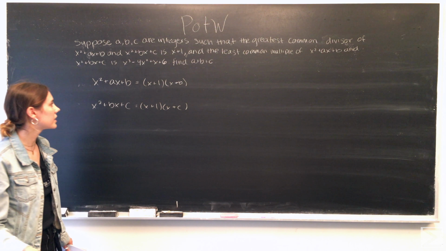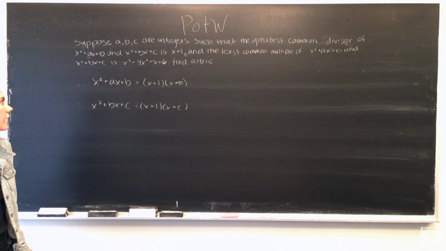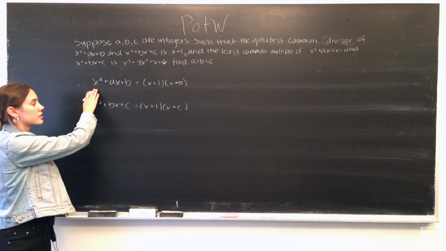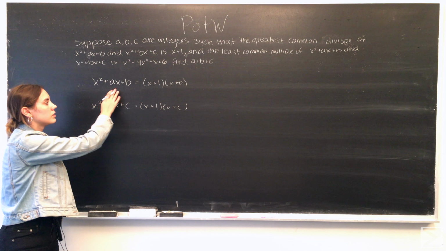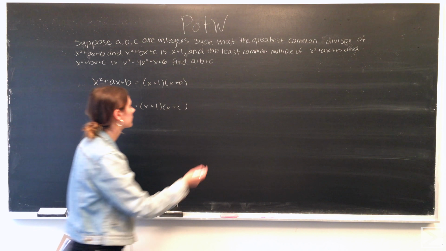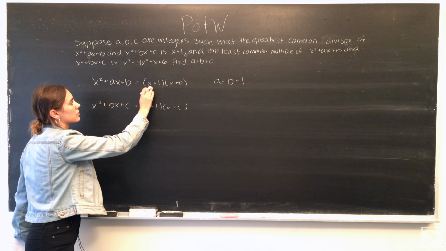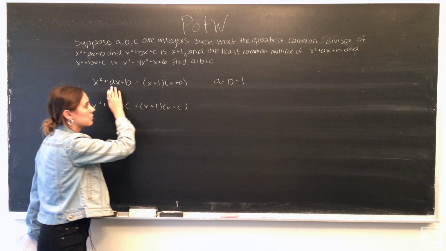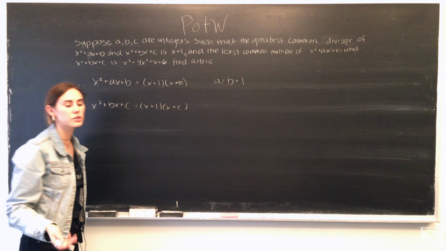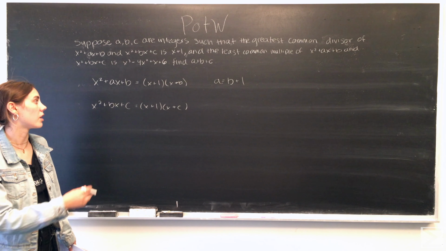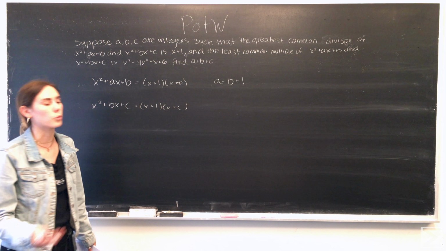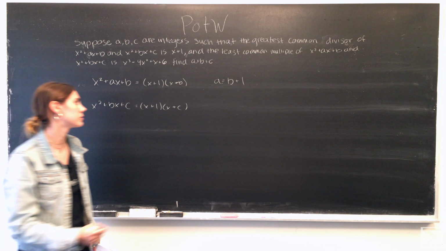From here, we can write an equation from this first polynomial for what a equals using the factors. If we multiply this out, we see that a is equal to b plus 1. We can do the same thing for the next polynomial, except we'll be writing an equation for what b equals.